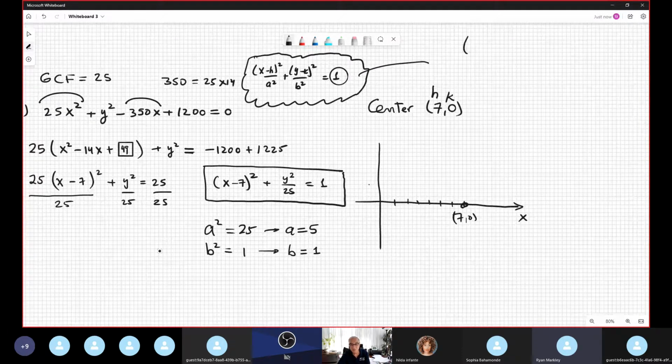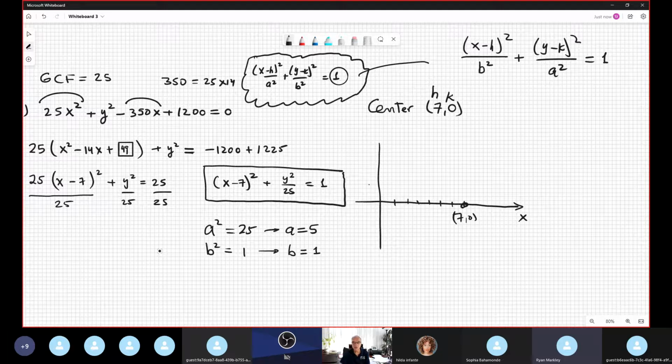Another possibility is x minus h squared over b squared plus y minus k squared over a squared equal 1. How do you make a decision between this or that one? Well, it's easy. You see the big number, 25, and this is a squared.